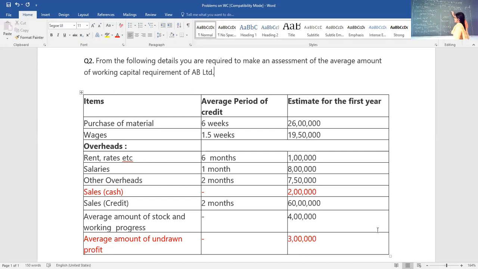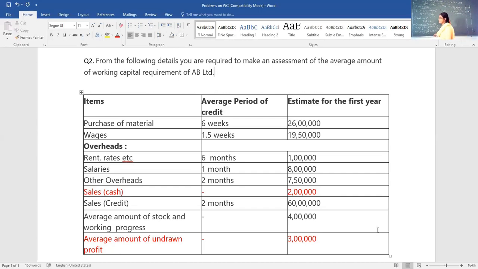Okay, which is the next liability? We have outstanding salaries. Mohammed, can you try the amount? Ma'am, it's 8 lakhs into 1 by 12. How much are you getting? Ma'am, it's 66.66. 66,667, round it up.